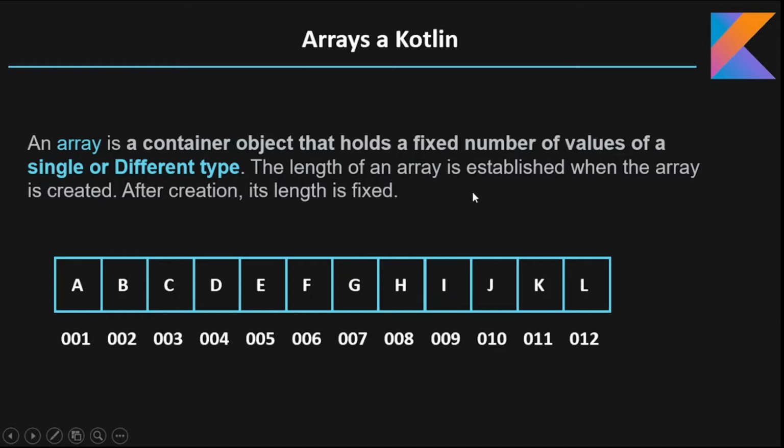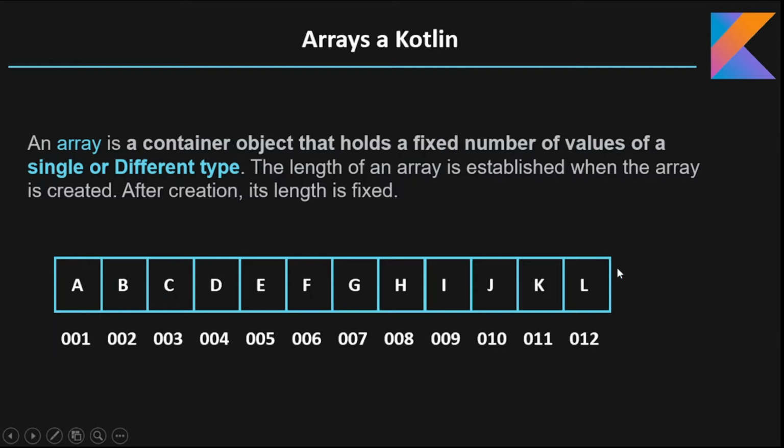Okay, the length of an array is established when the array is created. So as we have discussed, our array has to be fixed. But why? Because in our computer, an array is stored in a continuous location. You can imagine it as a rack of memory. In your memory, some space from address 001, 002 to 0012 is allocated for this array, and you can imagine each address is 1 byte that can hold one character, right?